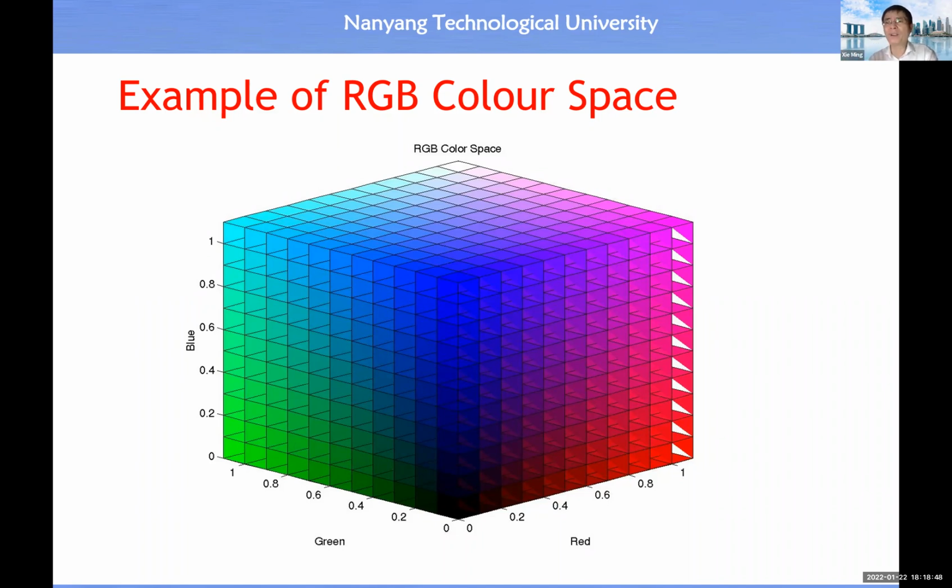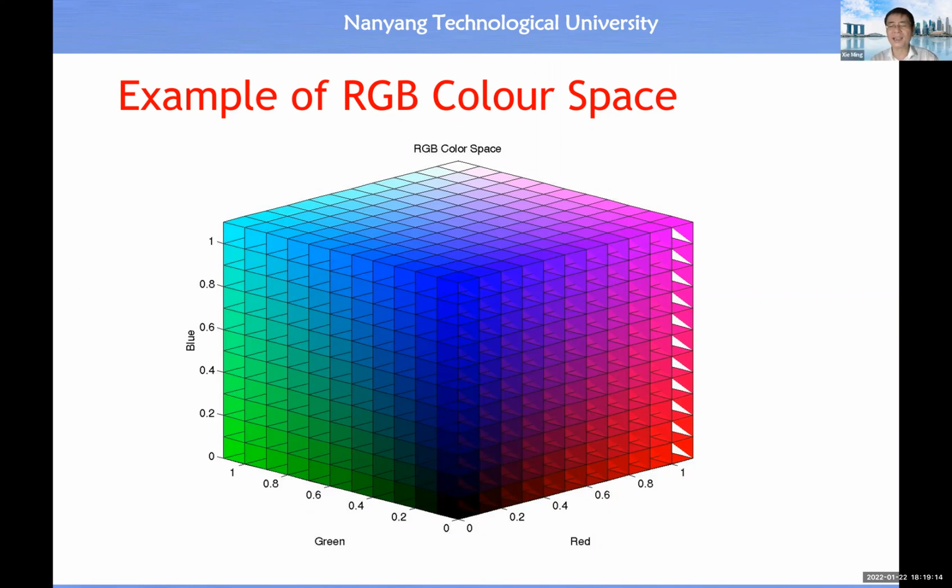One is suitable for measurement, another is suitable for display or visualization, like photo, video, film, and so on. For us, our concern is measurement, but it's good for us to know these two additional color spaces, right?